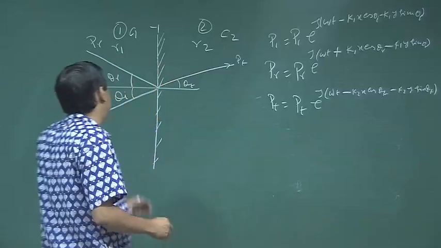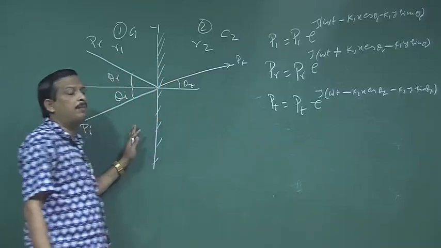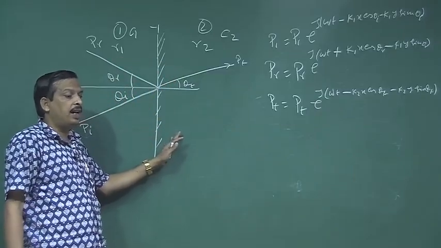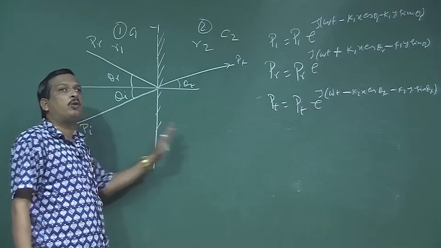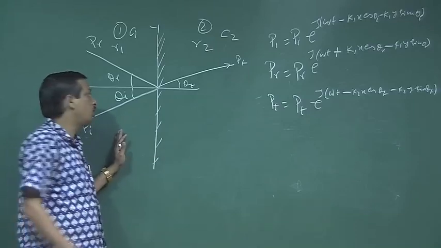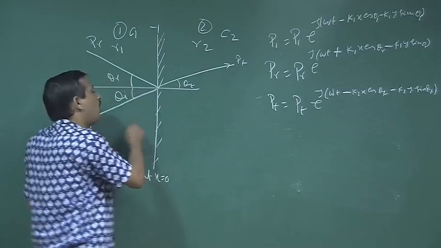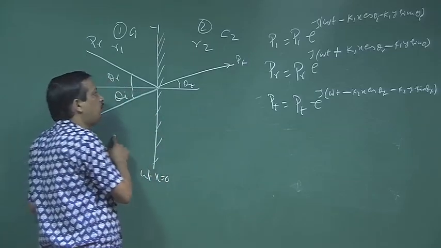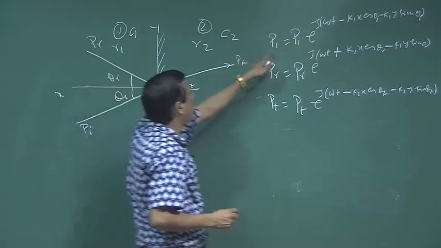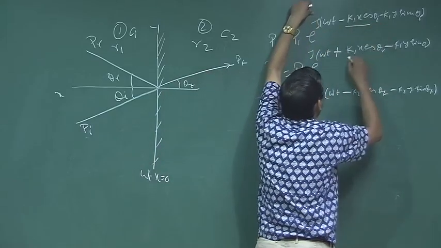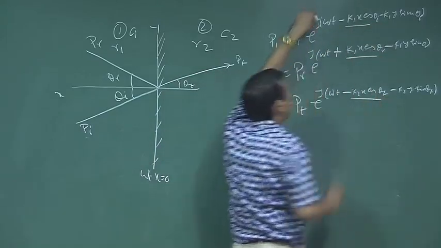Now, the condition at the boundary: at the boundary the pressure on both sides will be equal. So at x equal to 0, the pressure on both sides will be the same, and the x term vanishes at x equal to 0.